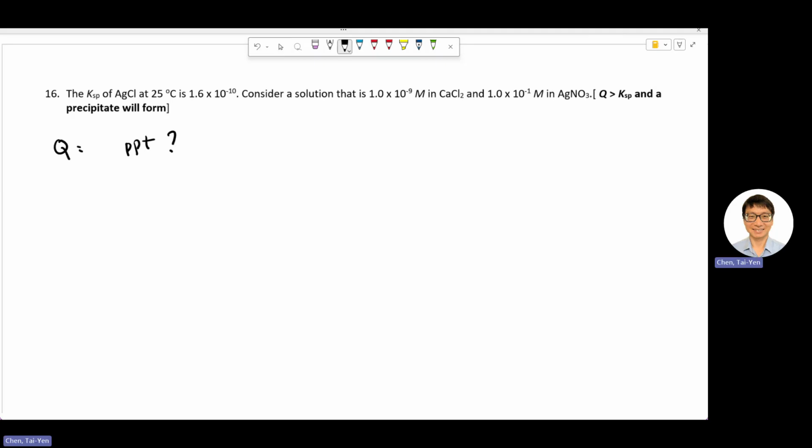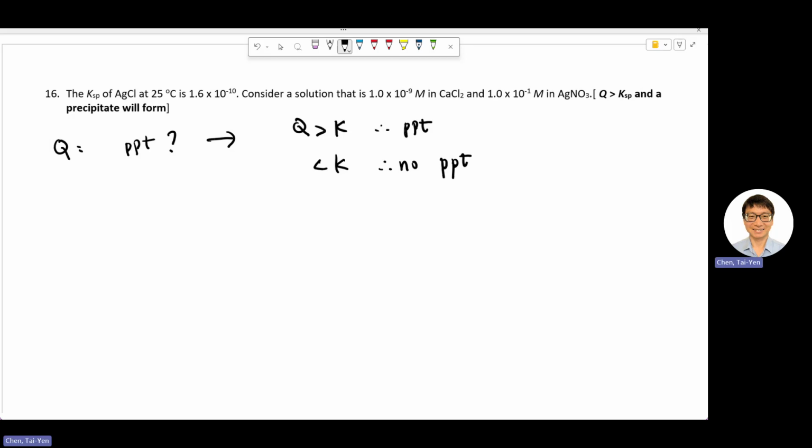Are you going to form your precipitate, right? The things that we know is if Q is larger than K, then precipitate will form. Okay, smaller than K, no precipitate, right? Let's go through the underlying logic flow that you must have.